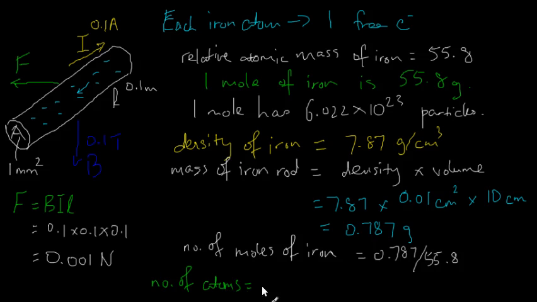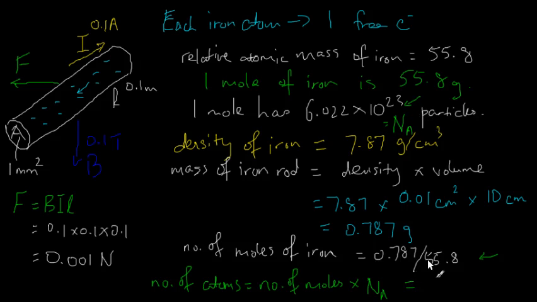I must take the number of moles and multiply by the Avogadro constant, which I call Na. This is the Avogadro constant. It's just this number here. So I must take this number of moles and multiply by this number here, the Avogadro constant.